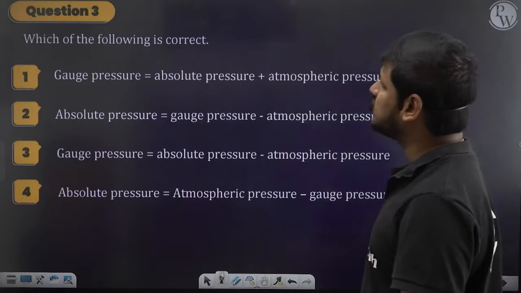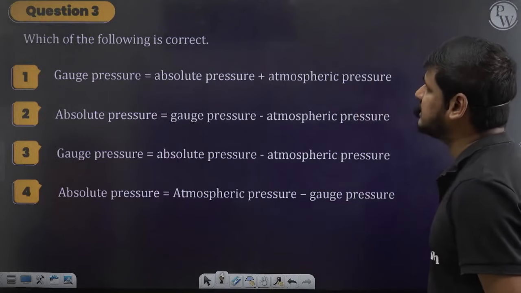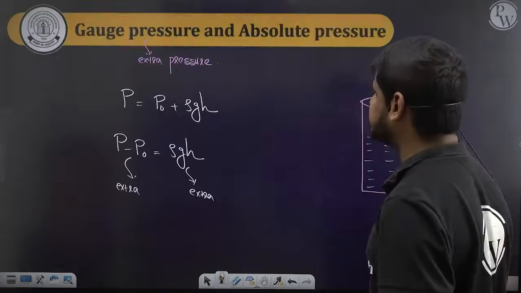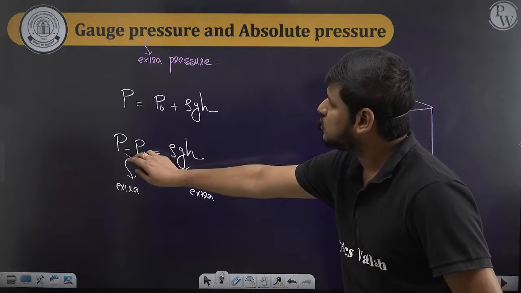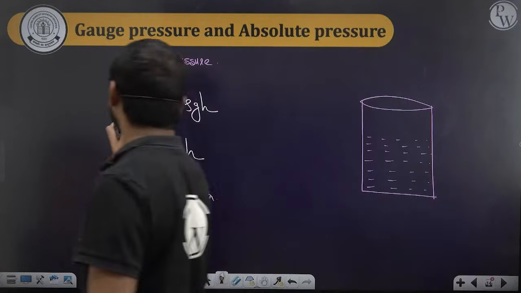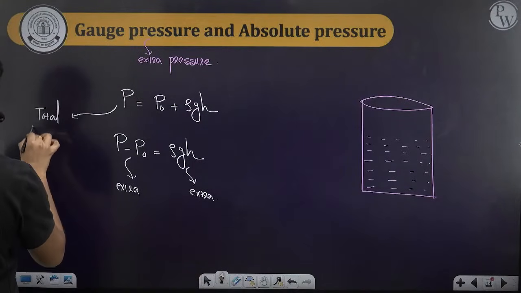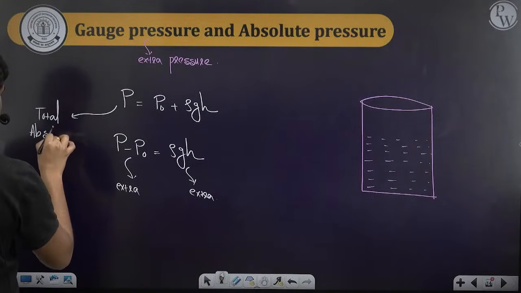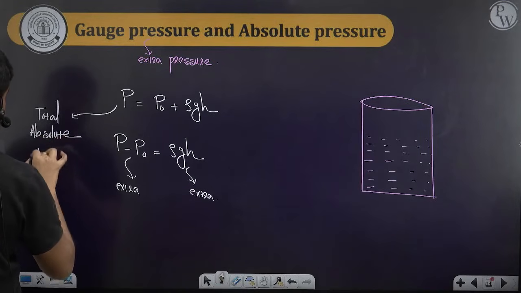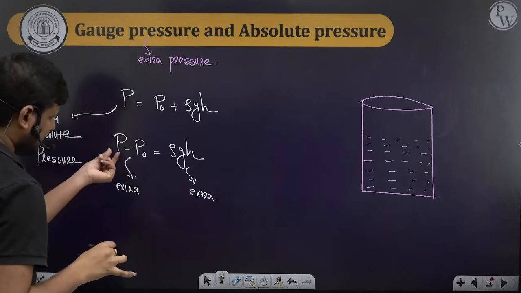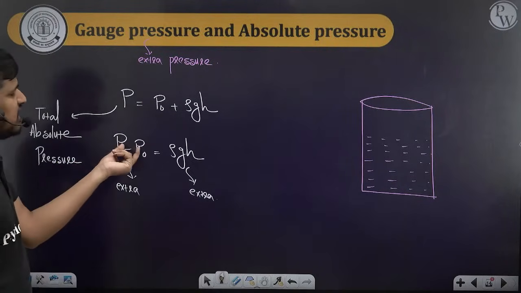We have got the questions here. Which of the following is correct? So what is gauge pressure? The gauge pressure is the total absolute pressure minus the atmospheric pressure.